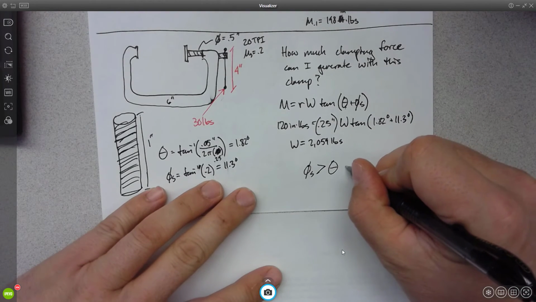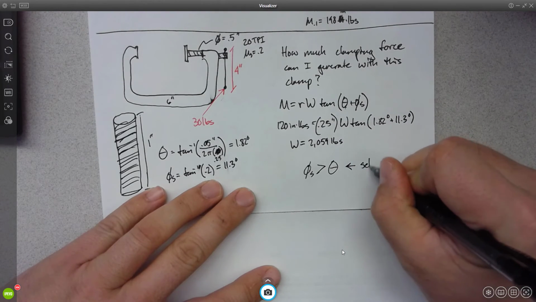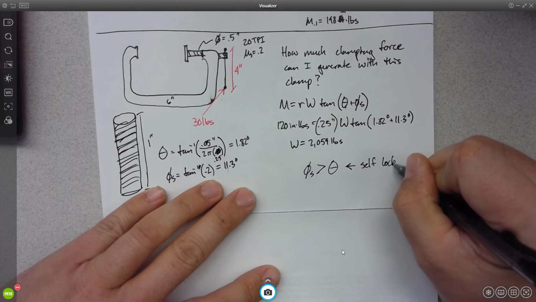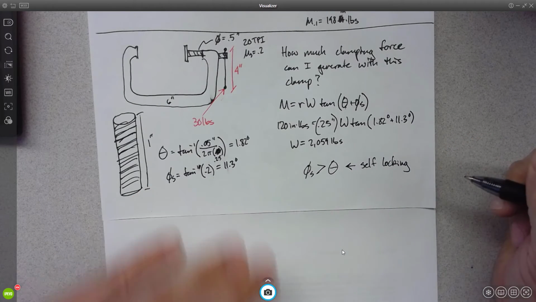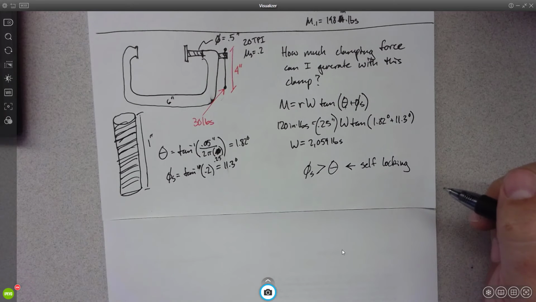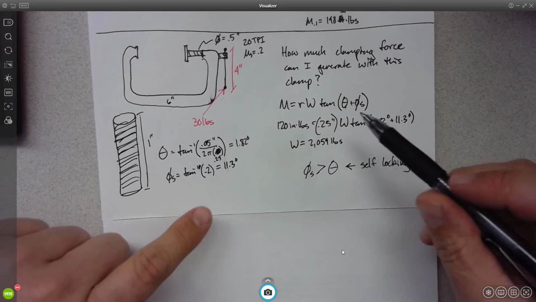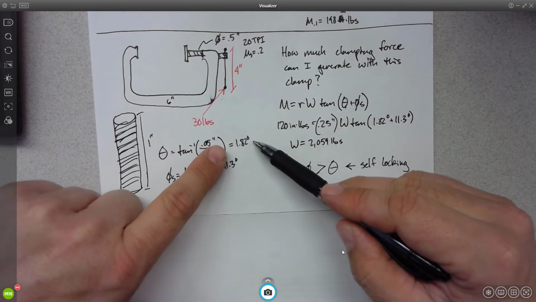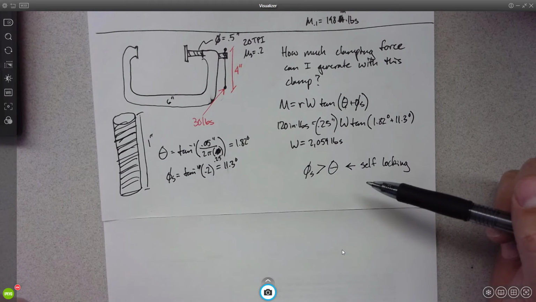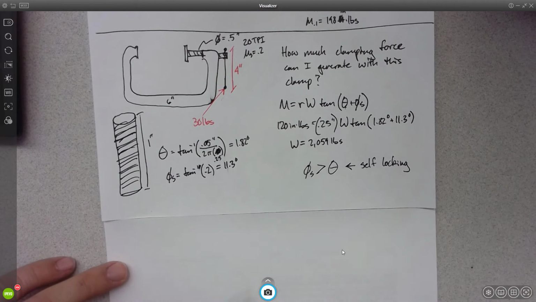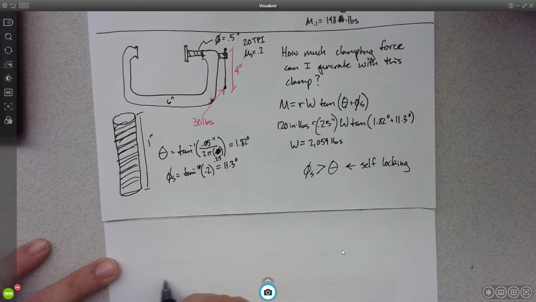Okay, this means self-locking. So is that true in this case? Yeah. 11.3 is much, much greater than 1.82. Okay. So let's draw our free body diagram then.